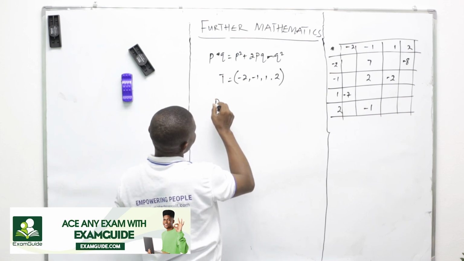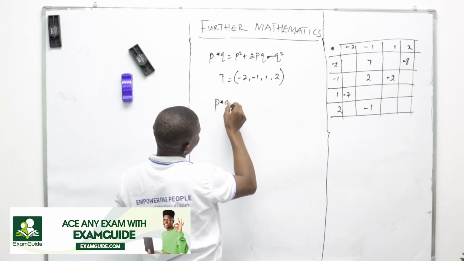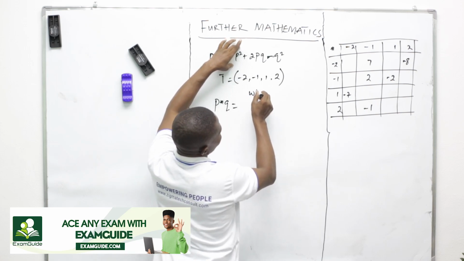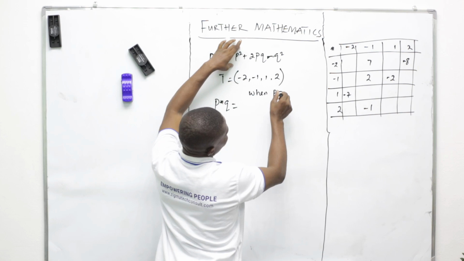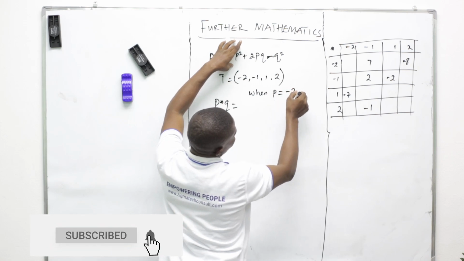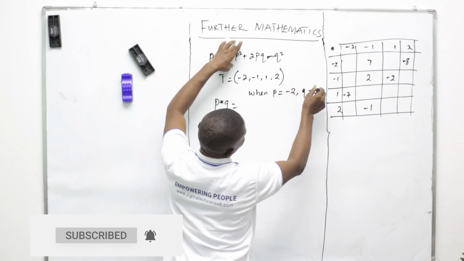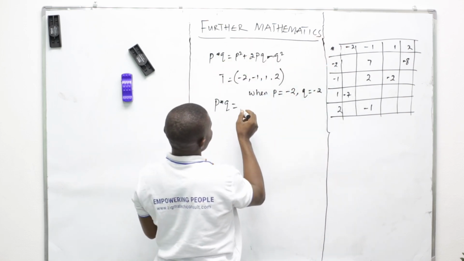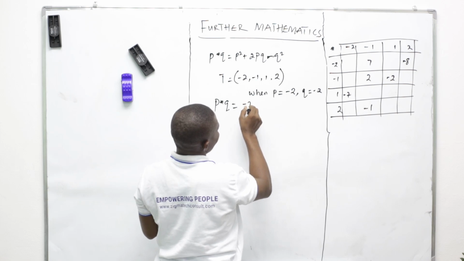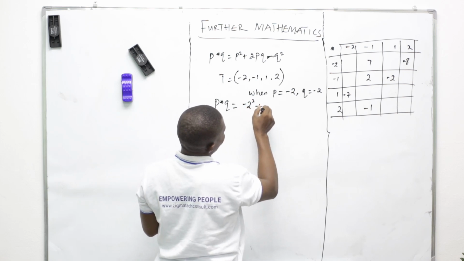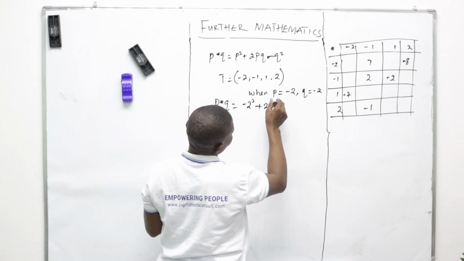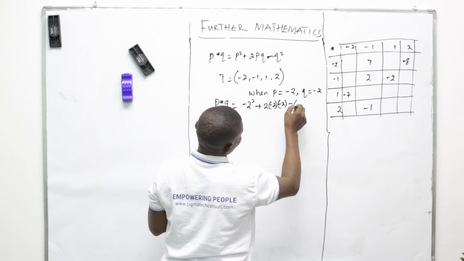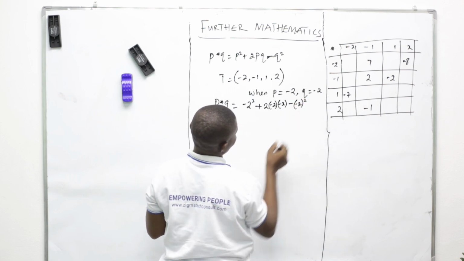Recall that P operation Q equals P square plus 2PQ minus Q square. When P equals minus 2, Q is also minus 2. That is this and this. Minus 2 square plus 2 bracket minus 2 times minus 2 minus Q square, which is minus 2, all squared.